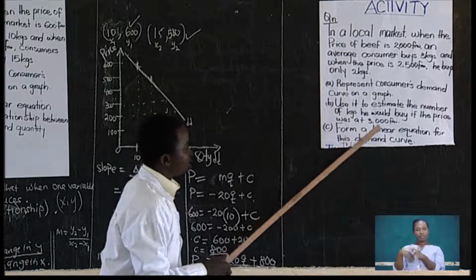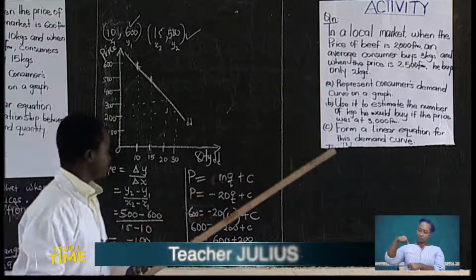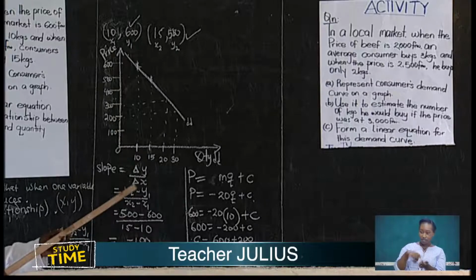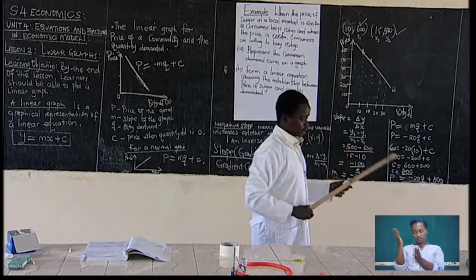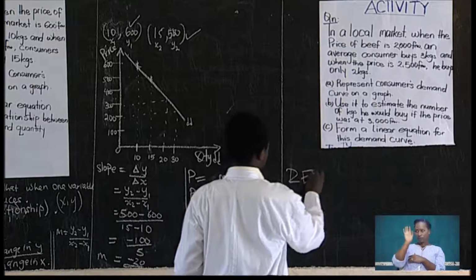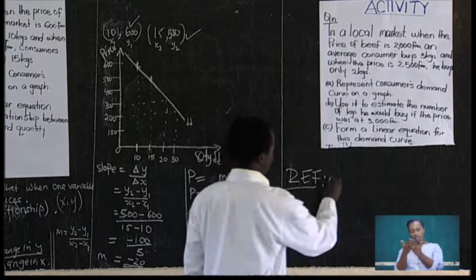Then form a linear equation for this demand curve. Remember, to form a linear equation, first calculate the slope, which will be change in price over change in quantity demanded. For your reference, you can look at Economics for Rwandan Schools, Book 4.